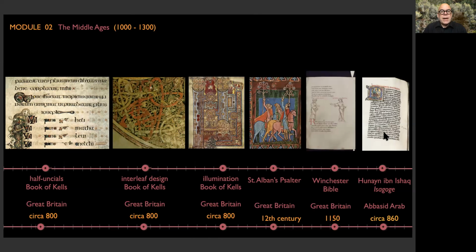Half uncials are next, and by this time we've exited the ancient Roman period, we're well into the Byzantine era, and we've moved west for our example to Great Britain, where we're looking at half uncials from the famous Book of Kells, one of the glories of early medieval graphic design history. It's a big book that contains the Gospels, or at least parts of the Gospels.